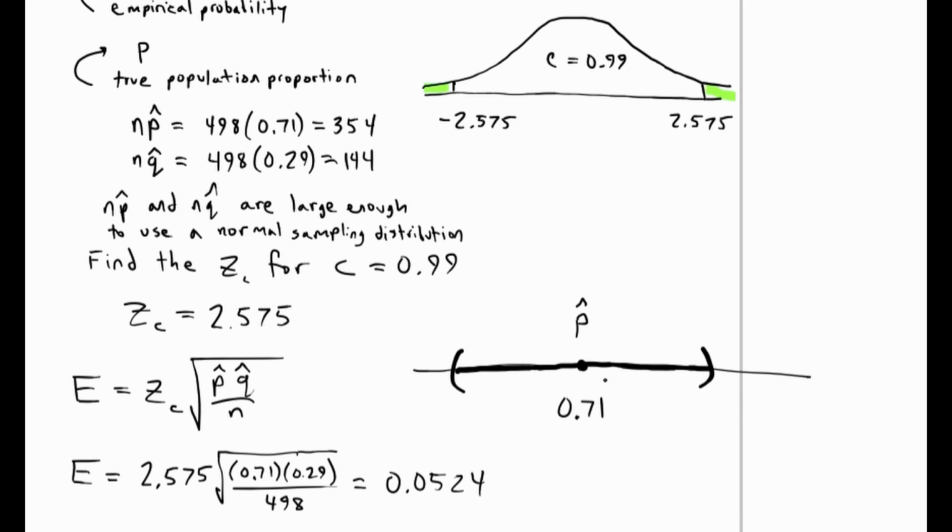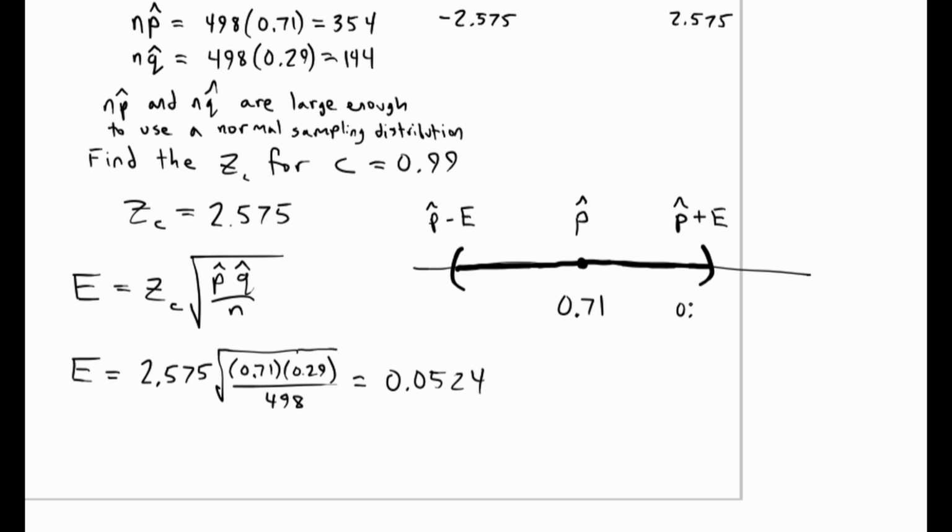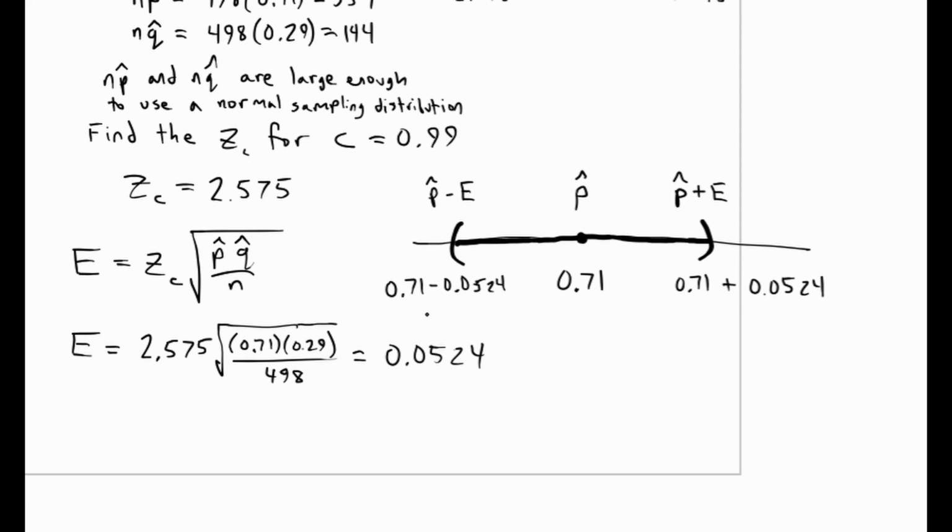We'll do P hat plus E on the right, and we'll do P hat minus E on the left. 0.71 plus 0.05, and then 0.71 minus it. I'm getting 0.658 and 0.762.